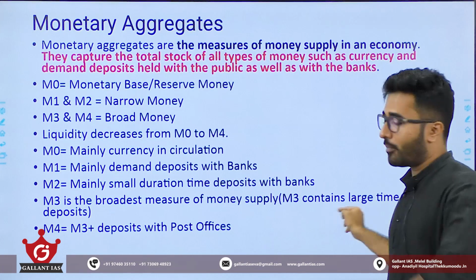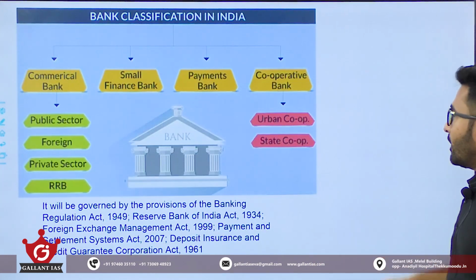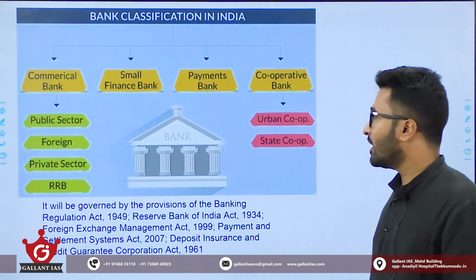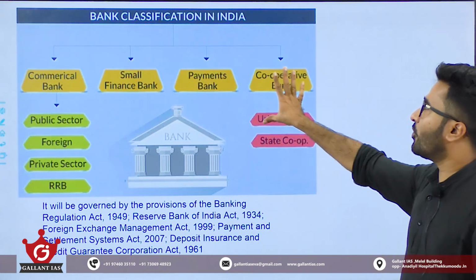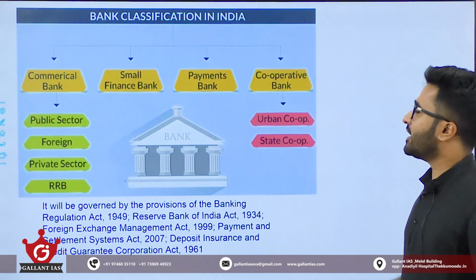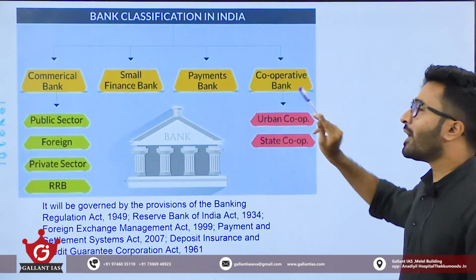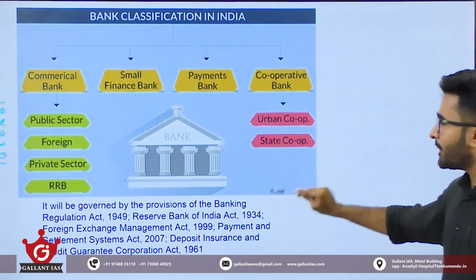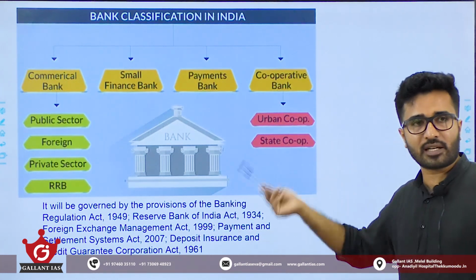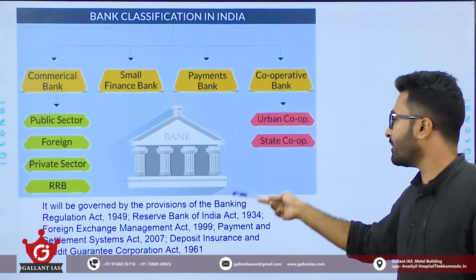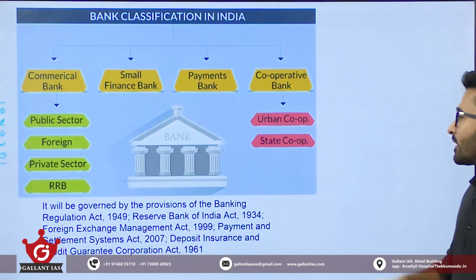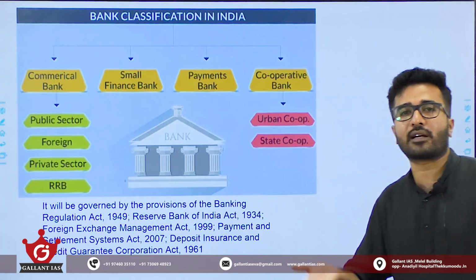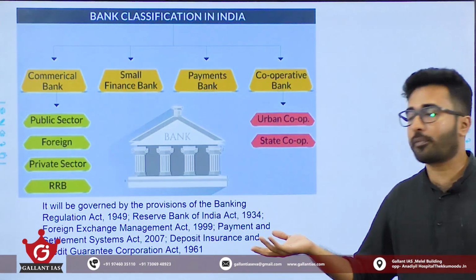So that's the thing about monetary aggregates. Now we are going to see more advanced things about banks. We have already seen the banking classification of India, but in general, all banks in India are regulated by a few acts. One, the Banking Regulation Act, under which banks are given licenses. Then the RBI Act of 1934, under which RBI manages monetary policy, like the repo rate and reverse repo rate.